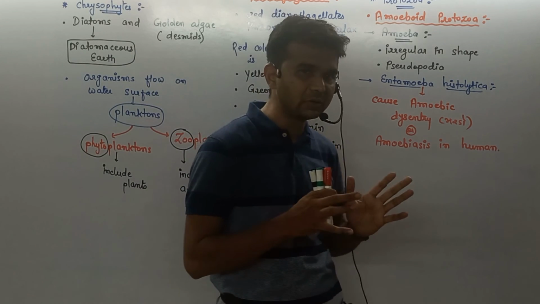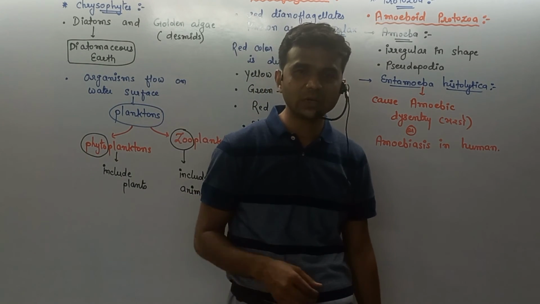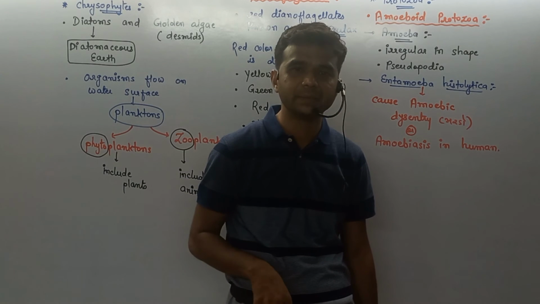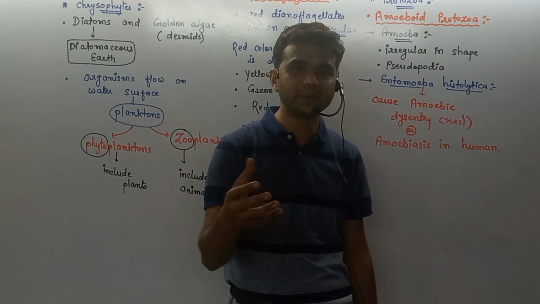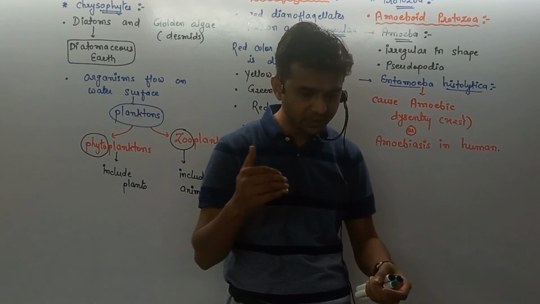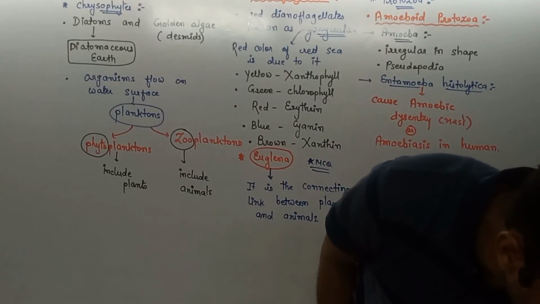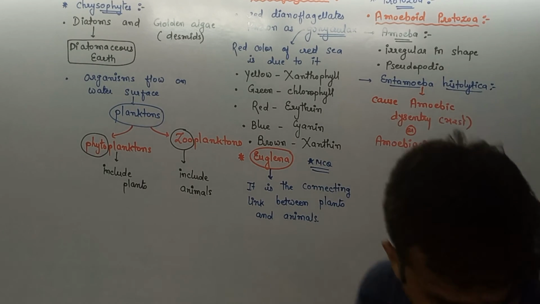This contaminated housefly can then contaminate fresh water and food, and when a healthy person ingests this contaminated food or water, the person gets infected. So this is about the amoeboid protozoa.